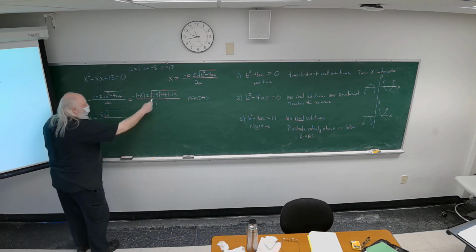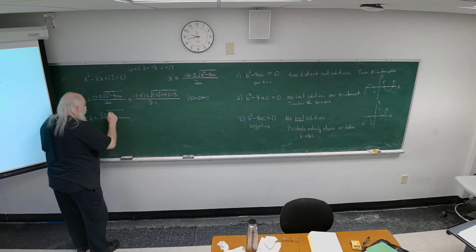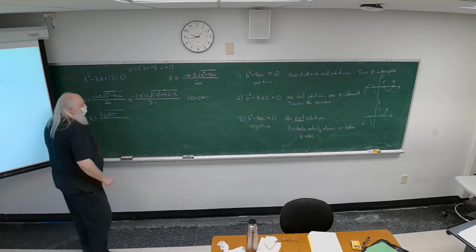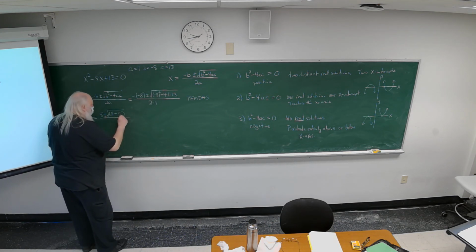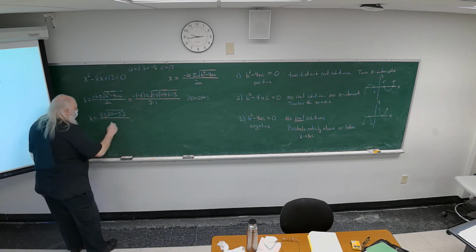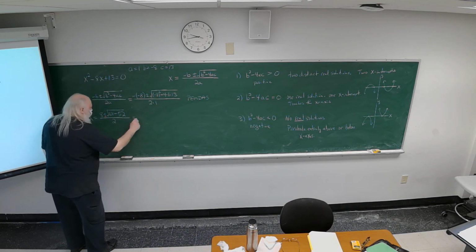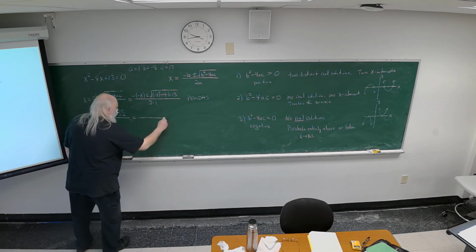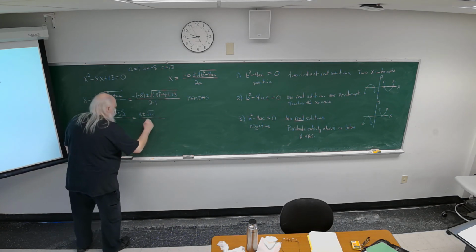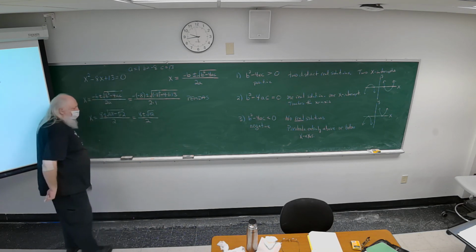Under the square root, negative 8 squared is 64. And then do the multiplication: 4 times 1 times 13 is 52. So we have 64 minus 52 under the radical, all divided by 2. Well, 64 minus 52 is equal to 12. Now you have to reduce the radical to lowest terms.